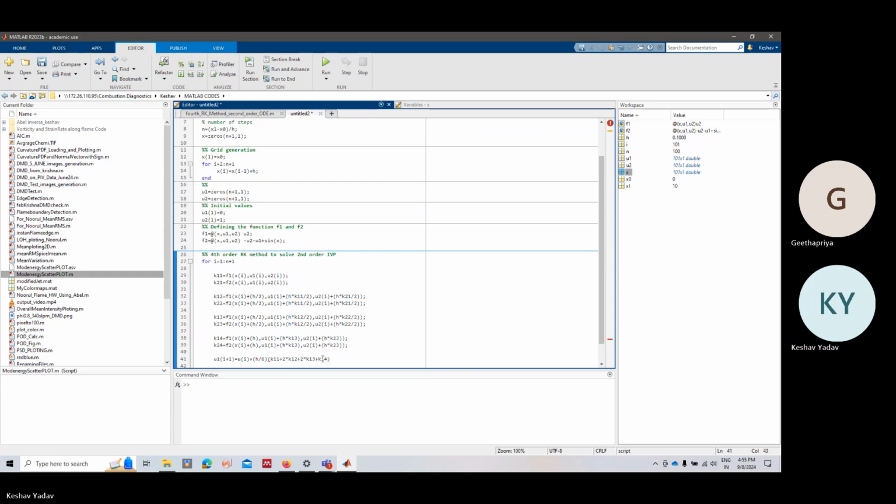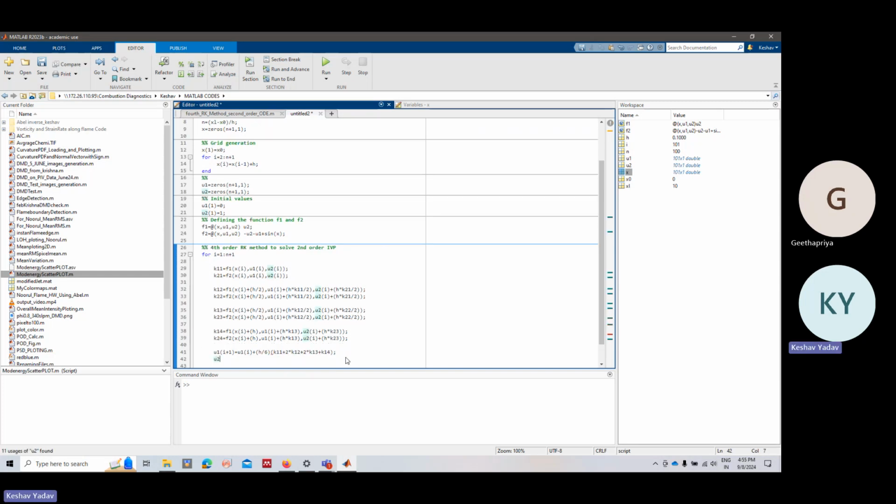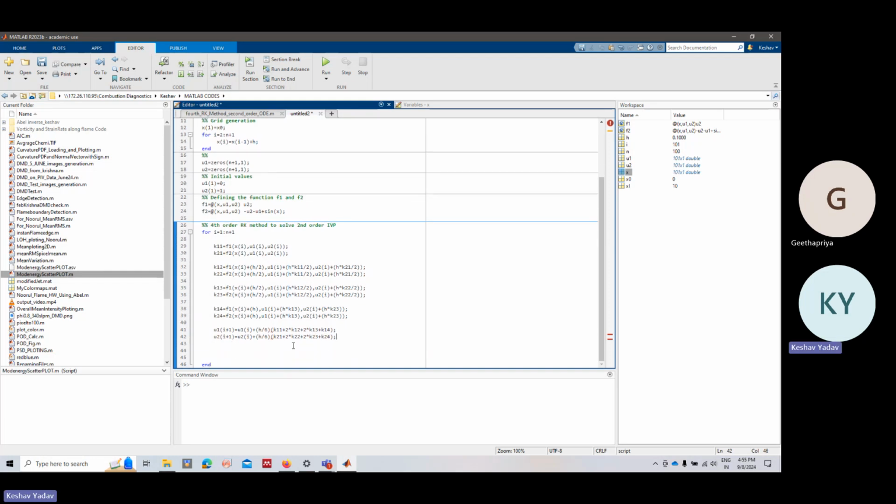Okay, so this will be my U1. Similarly, U2 will be the same with U2, and K21, K22, K23, K24. Okay, now I have defined it.